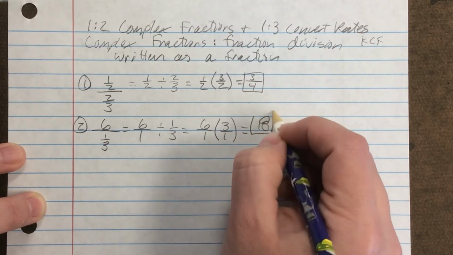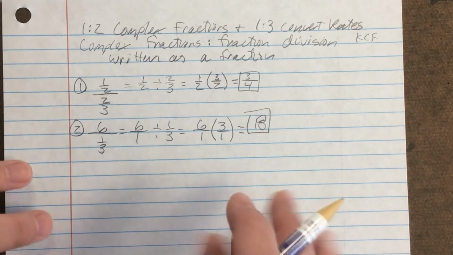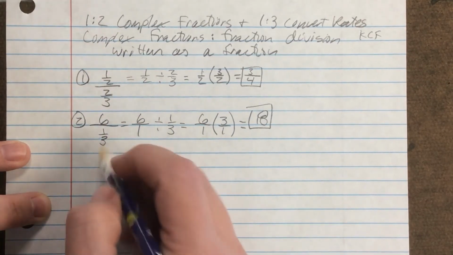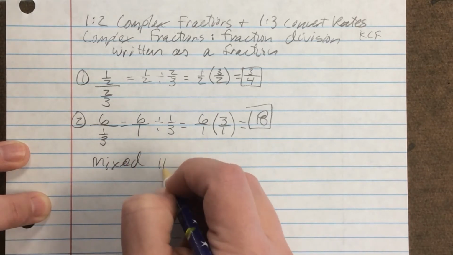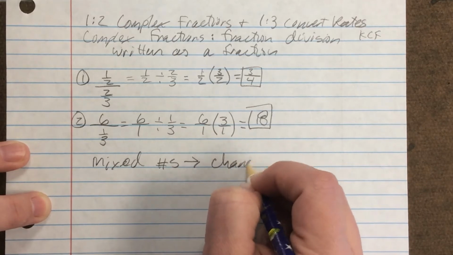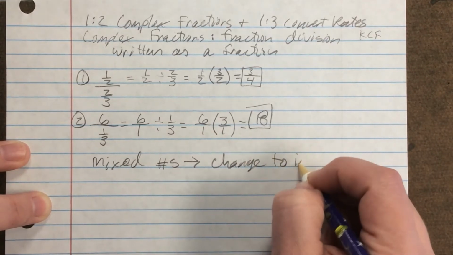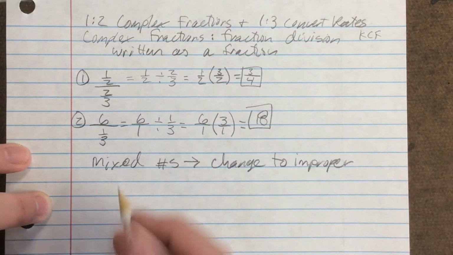Okay, and then just remember Sanford's rule for mixed numbers. Always change them to improper fractions. Feel like we just did this because we did.